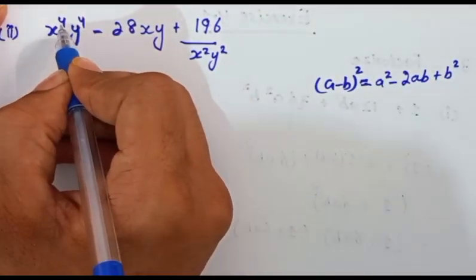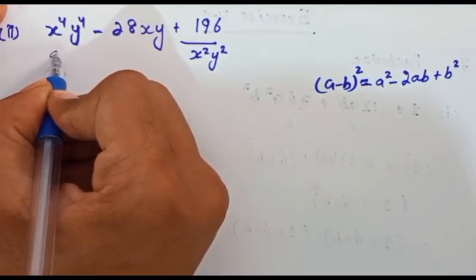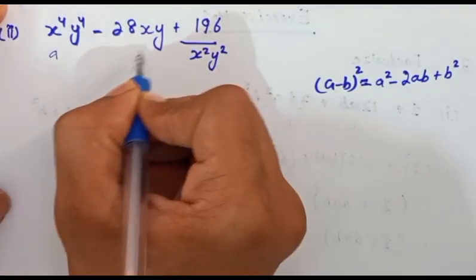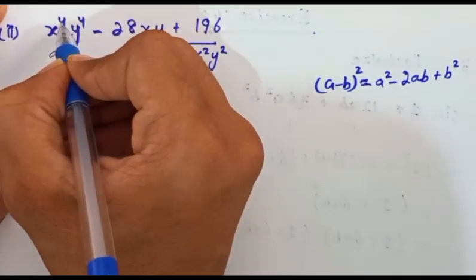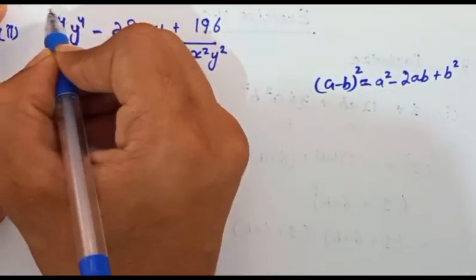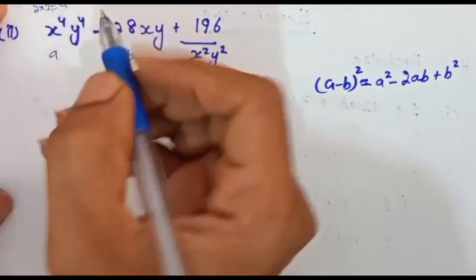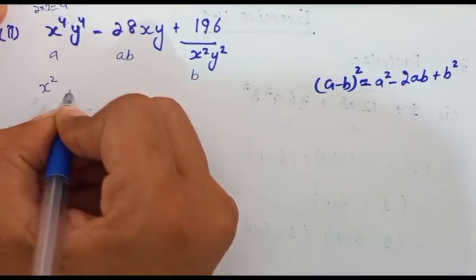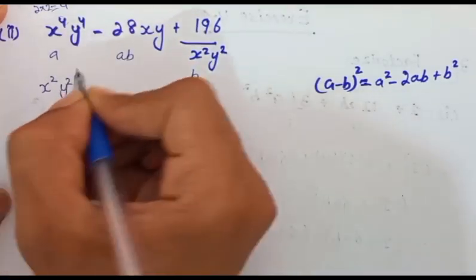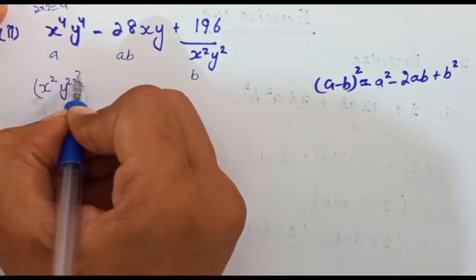Suppose x to the power 4 y to the power 4 is a square, and 28xy is 2ab. So this power 4, I will change into a square, because 2 multiplied by 2 is equal to 4. So I'll make it x square y square, all square.